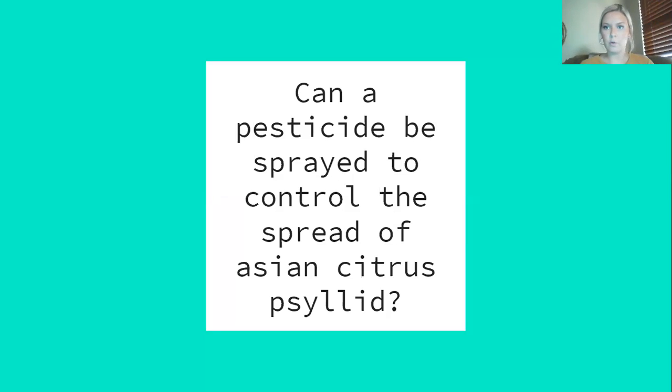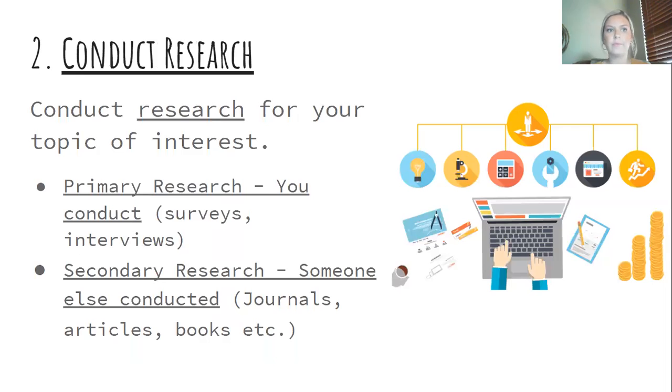If you guys have gone over the phenomena questions, you should know what the Asian citrus psyllid is. So here's a question: can a pesticide be sprayed to control the spread of Asian citrus psyllid? Asian citrus psyllid is a pest. So here's our question.